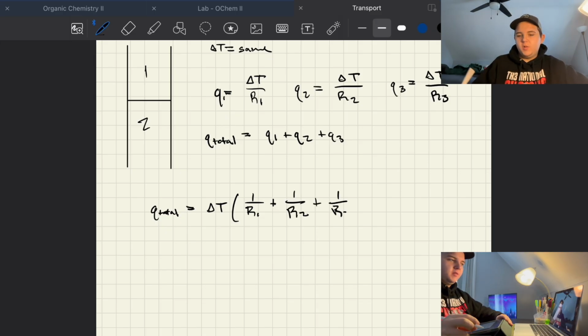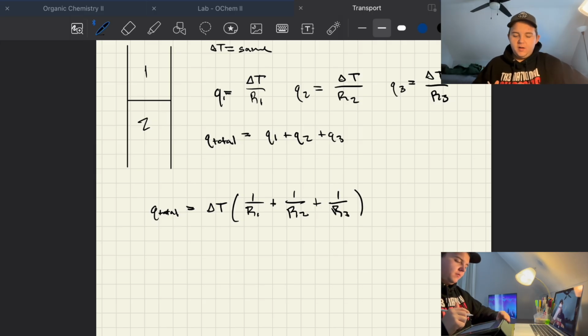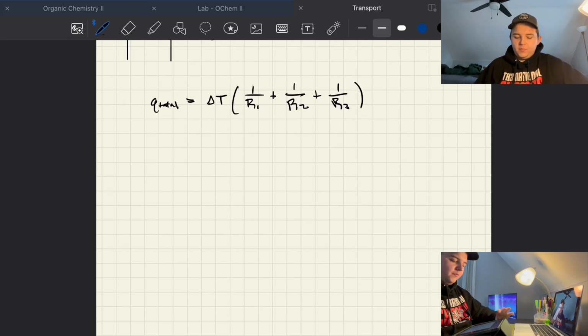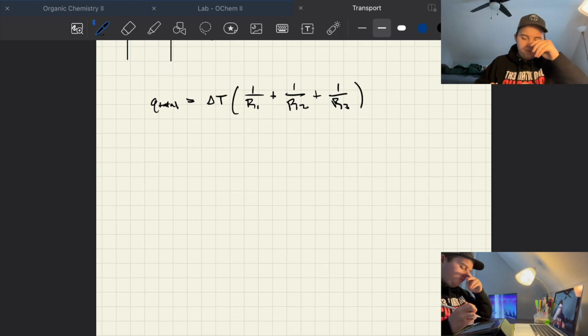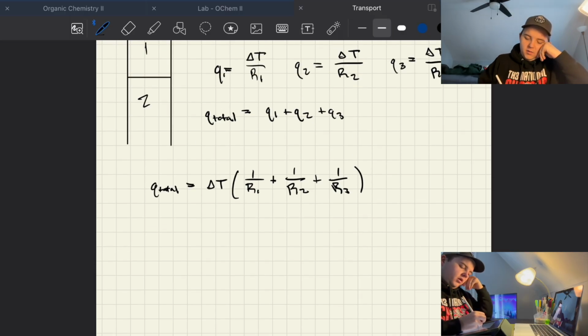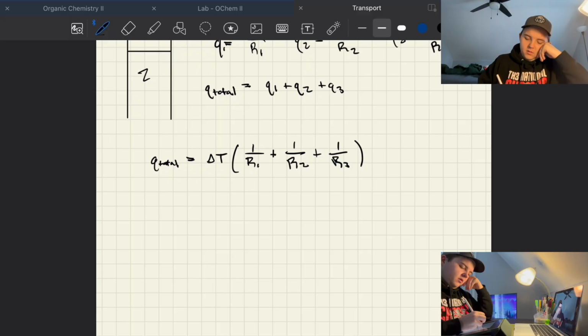And this looks very similar to what you see in physics for parallel. Okay, so moving on, we can see 1 over R parallel is equal to the summation of 1 over Ri.